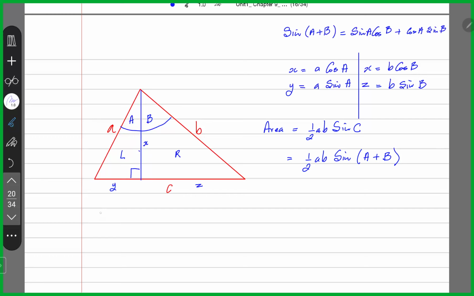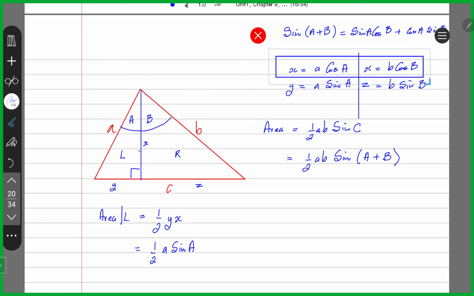The area of the triangle on the left is equal to a half base Y times height, which is X. Y is equal to A sine A. And X is two things: it is A cos A, and it is B cos B. So I'm going to use B cos B.